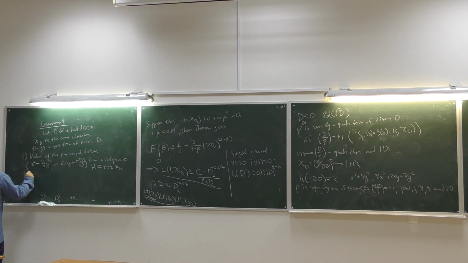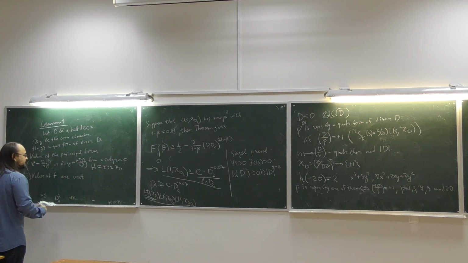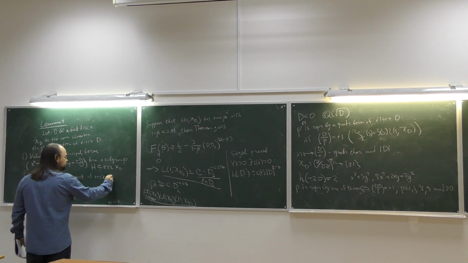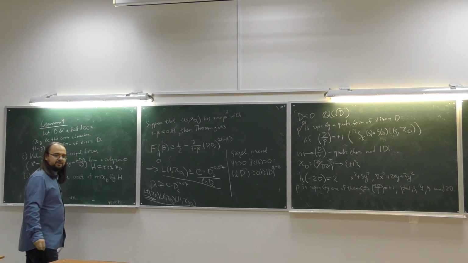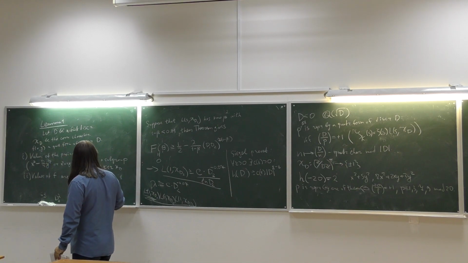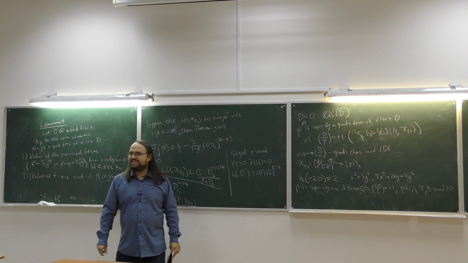And second, values of f are a coset of H in the kernel of chi D, okay?